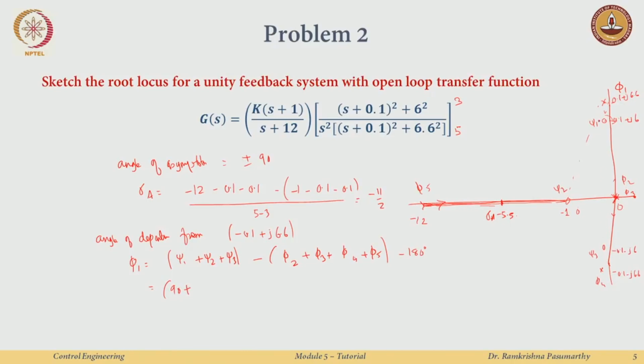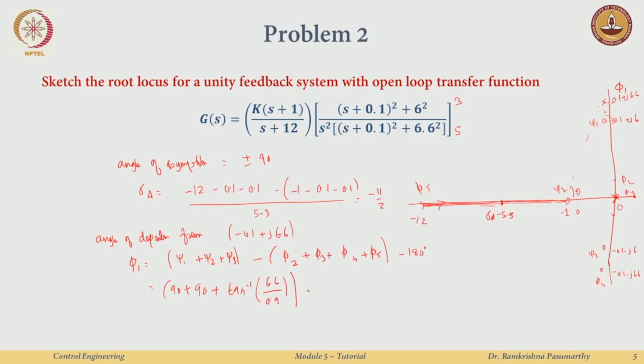Psi 3 would also be 90, and then this angle would be the angle over here. So, that is the inverse tangent of this distance, that is 6.6 divided by the horizontal distance, that is 0.9, or 1 minus 0.1.